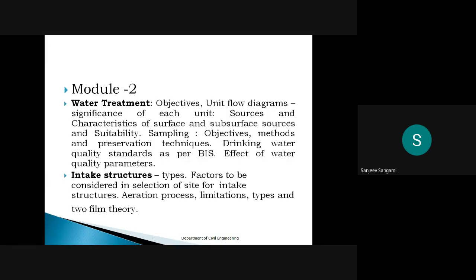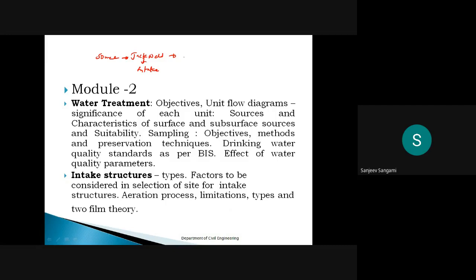In the second module we will discuss water treatment aspects. A normal water treatment plant consists of the main components. First the source, from which surface water has to be lifted. Then intake structures, that is the jack well, which is nothing but the intake structure.